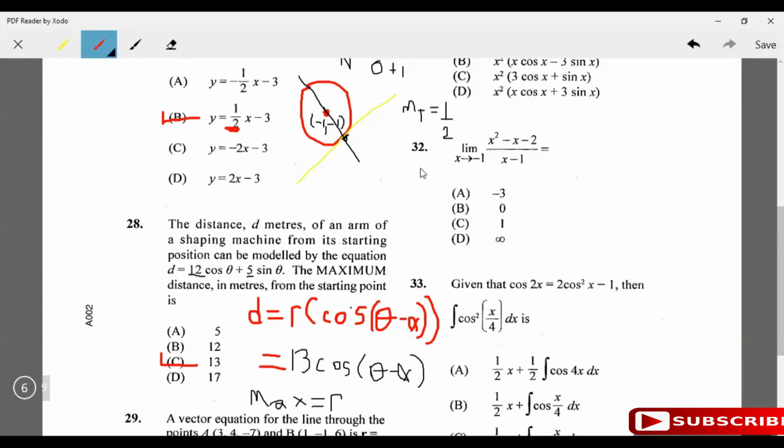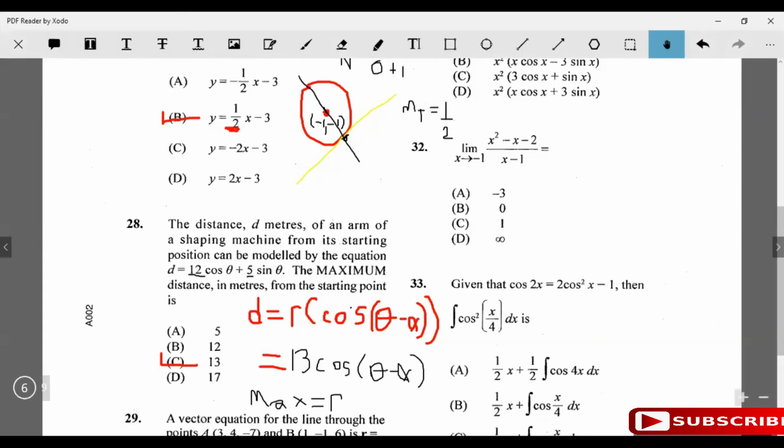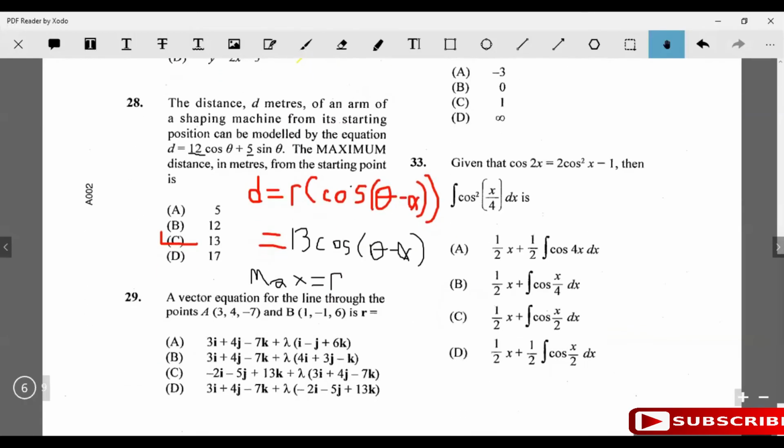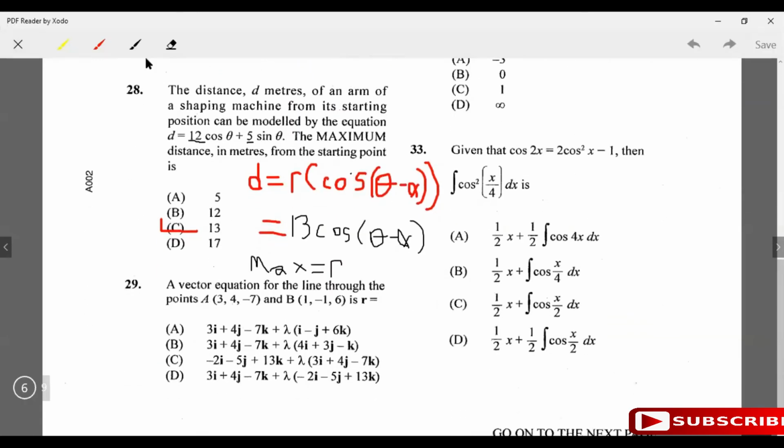Question 29. Question 29 is a new question. So let's write new, N for new. It is asking us, it says, a vector equation for the line through the points A and B is R. And it says, find the vector equation, right?